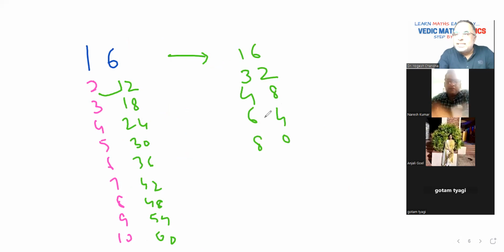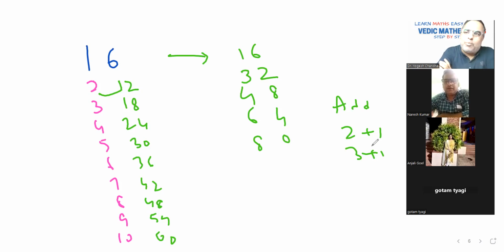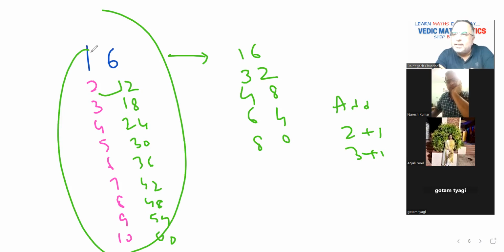So what is easy? Adding 16 every time, or 2 plus 1, 3 plus 1, which is more comfortable? Why do we stress our students? And you tell me even a single book which has this concept, or a single teacher who explains by this place value method?